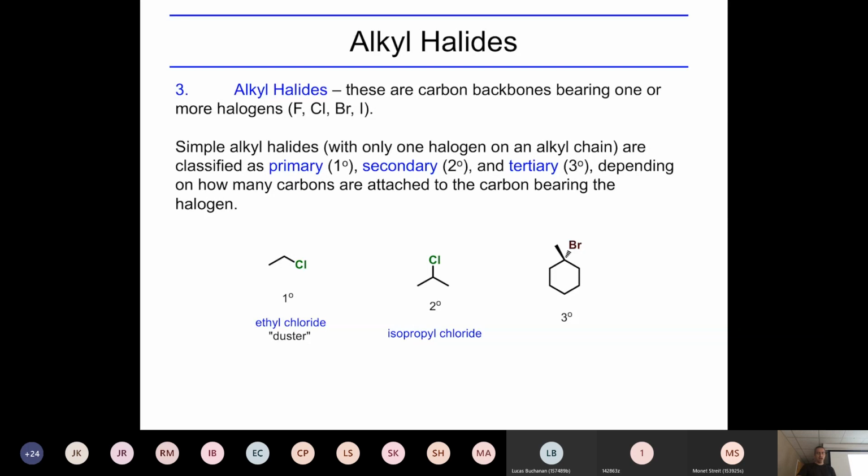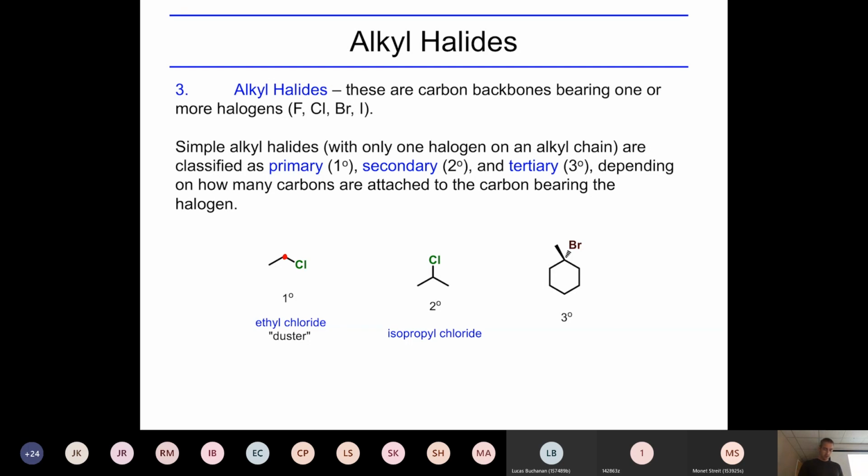And we classify alkyl halides as either primary, secondary, or tertiary, and this will also be important in this course as well. What that means is if you look at the carbon that is bonded to the chlorine or the halogen, whether it's bromine or fluorine or whatever, look at that carbon and count how many bonds it makes to other carbons.